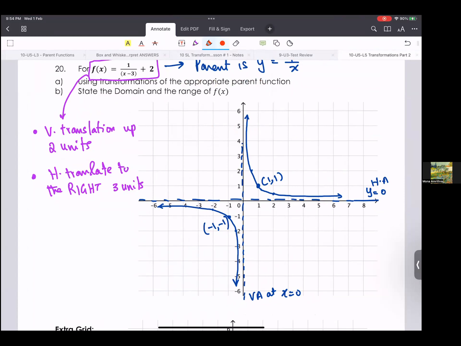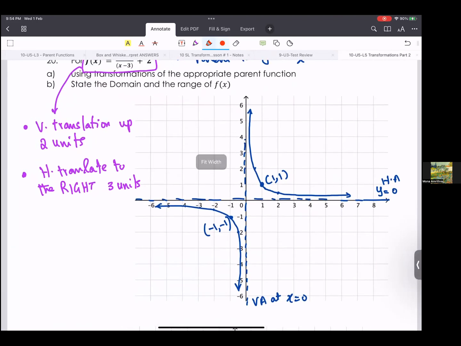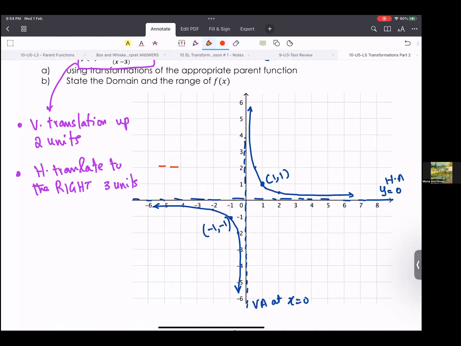I'm just going to move up by 2. That means your horizontal asymptote also moves up by 2. So the vertical translation takes your horizontal asymptote with it, up 2 units. And then it translates right 3 units, so the vertical asymptote also moves along with it.